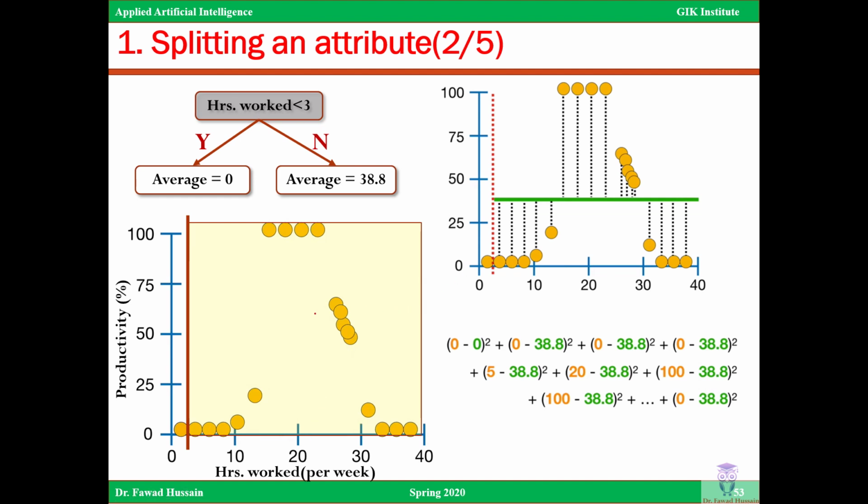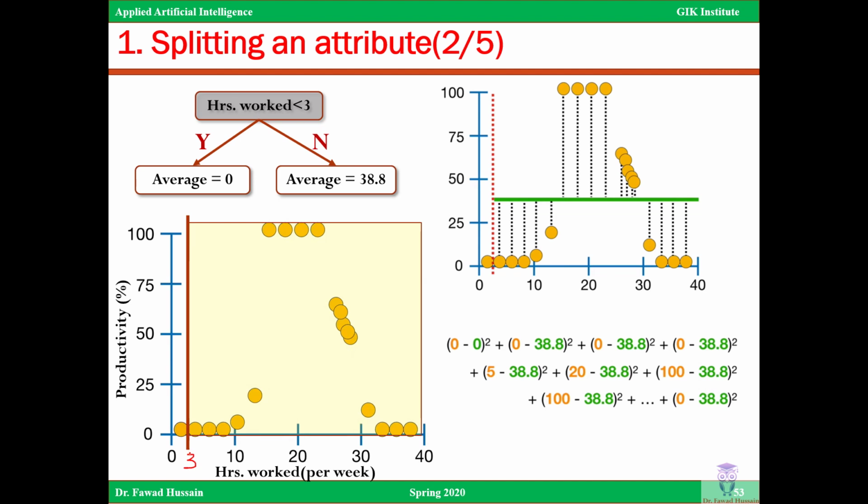To decide on which is the best value to use, we can make certain calculations. If I use 3 like I did, I have one data point over here and the rest of the data points on the right side. What I can do is calculate the sum of squared errors. It's also called the sum of squared residues, as a result of using this split.